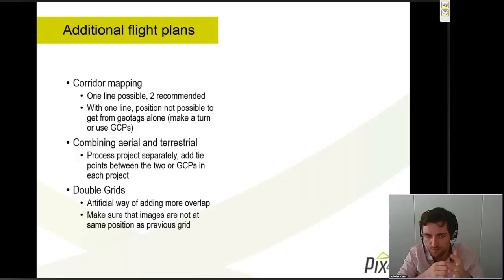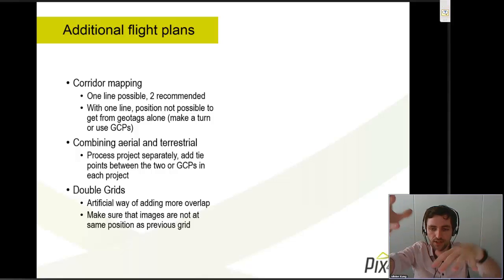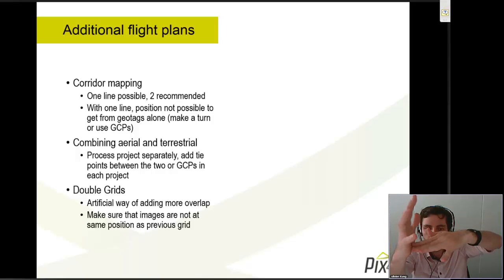However, this is very often not easy to do in practice, so we would recommend doing one fully oblique project, either from the ground or with a copter at low altitude, and processing it. Then process one nadir project independently, and when you merge them together in the software, you add manual tie points between the 2 projects, and this will help them align to each other.